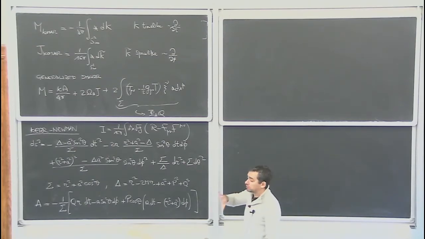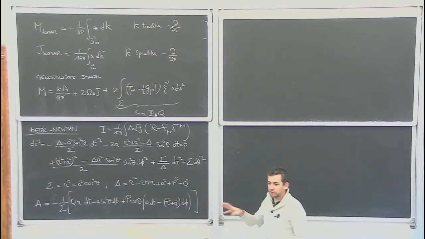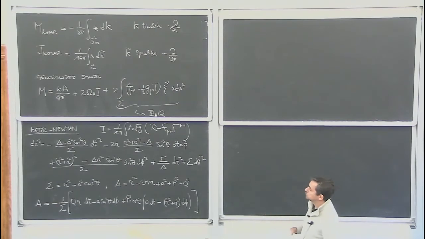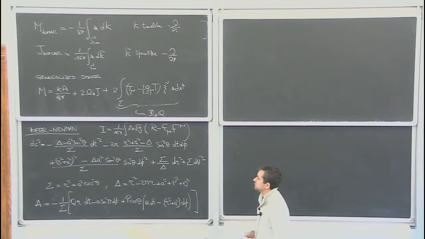So this will be, for this course, our definitions of mass and angular momentum. There are alternative definitions, and these lead to different notions of mass, for instance, that most of the times agree with this, but not always.